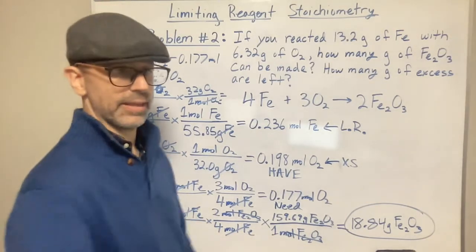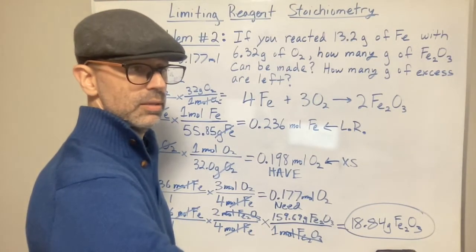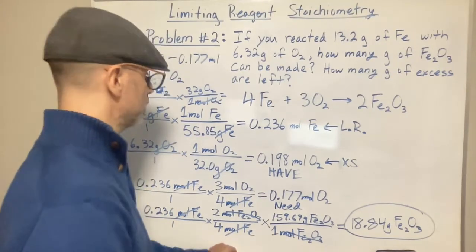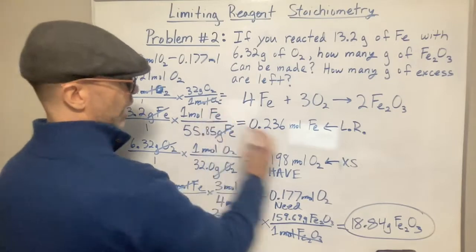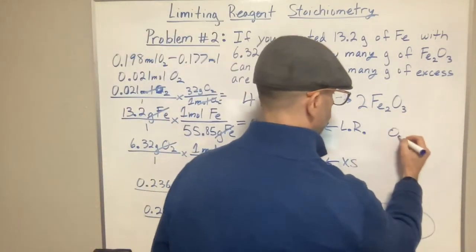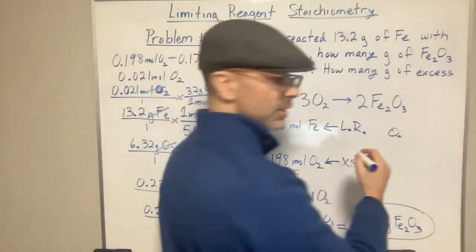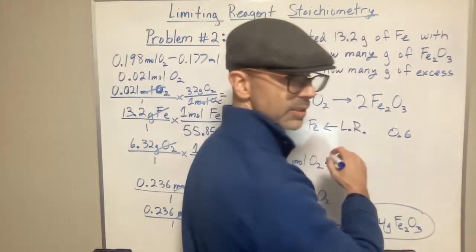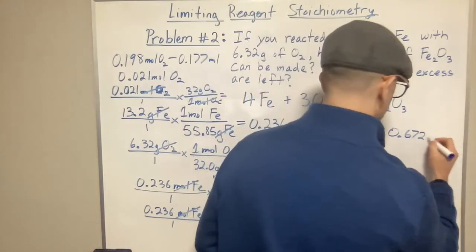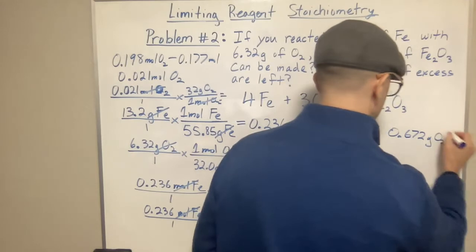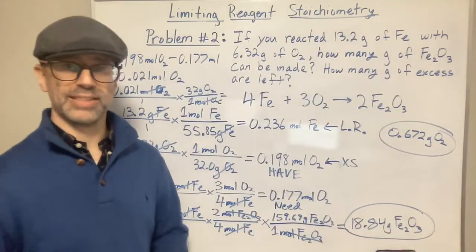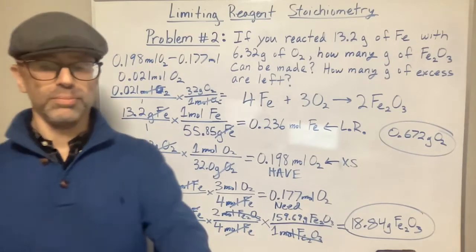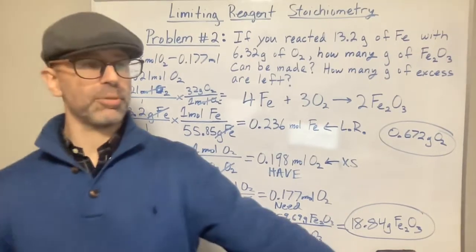And when I calculate that out, I get, as a final answer, I'll write it over here, 0.672 grams of O2. So that's the amount of O2 that's left over. So that is problem number 2.